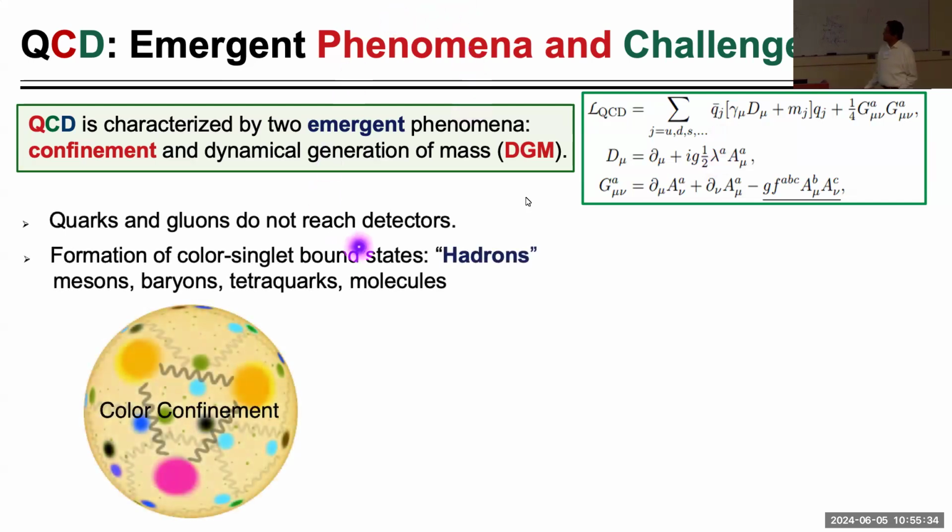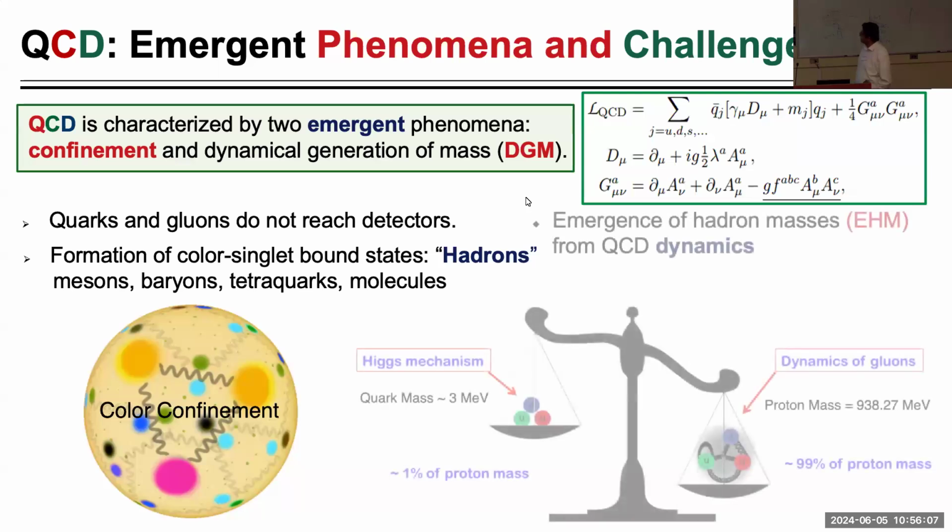What we know is that it does not matter how energetic collisions you do to produce lots of partons, lots of quarks and gluons, but much before they reach the detector, they conspire among themselves to form color singlet bound states. This is what we understand from confinement, and these color singlet bound states can be mesons, baryons, tetraquarks, pentaquarks, or glueballs, etc.